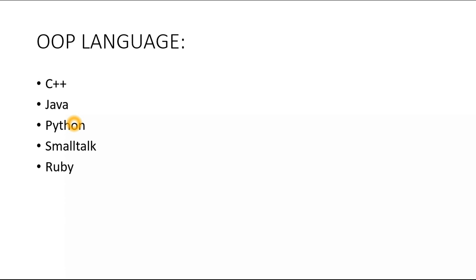And for one class we can create any number of objects. Here C++ is not a fully object-oriented programming language, it is a partially object-oriented programming language, because in C++ we can execute a program without creating an object also.